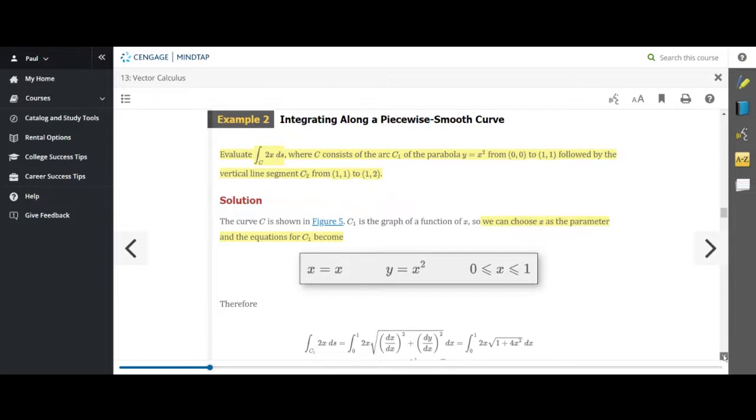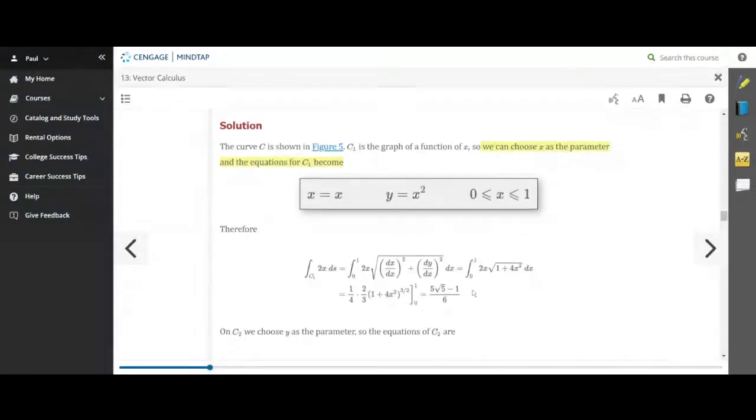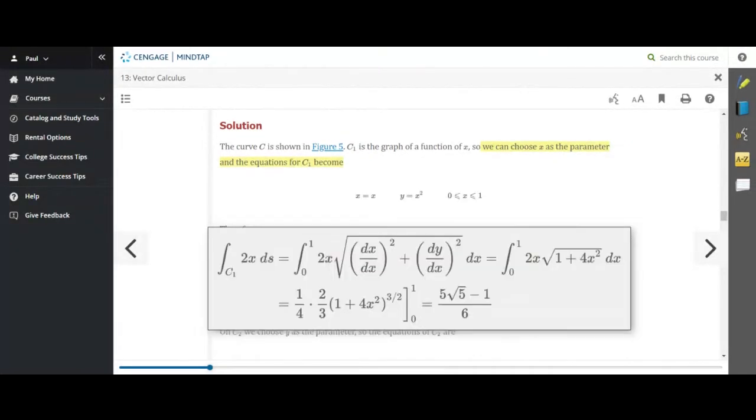Now what they're doing is computing the line integral below, but the parameter is x. Under the square root, they don't have dx/dt squared and dy/dt squared. They have dx/dx squared and dy/dx squared because they're treating x as the parameter. It's okay to do that. And they end up getting (5 root 5 minus 1) over 6.